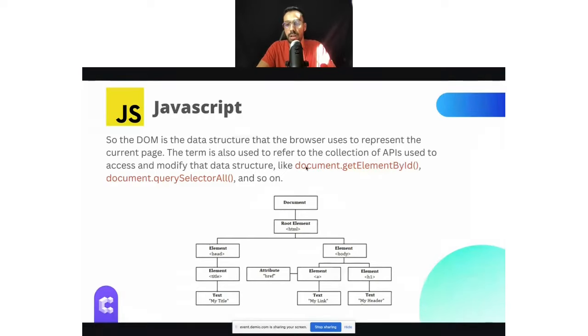But as you can see, it always starts with document. So document is like the main object in the document object model. And then you get access to methods and properties inside that object to manipulate and to read all your HTML elements in that page. So this is just a simple method, getElementById. It's pretty descriptive.